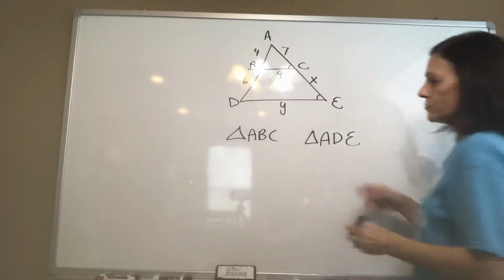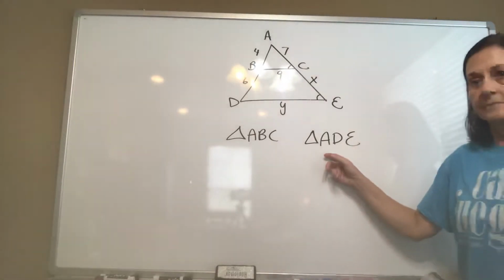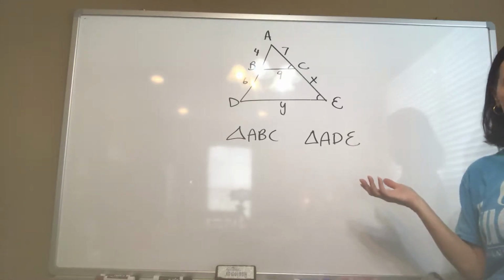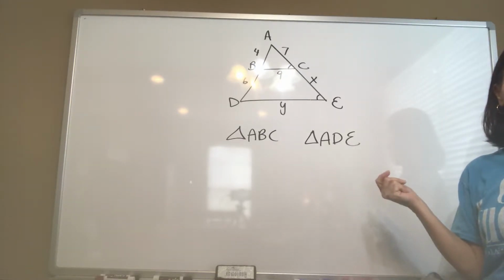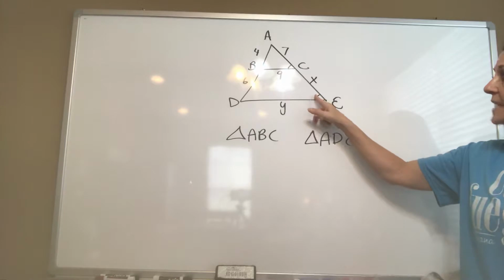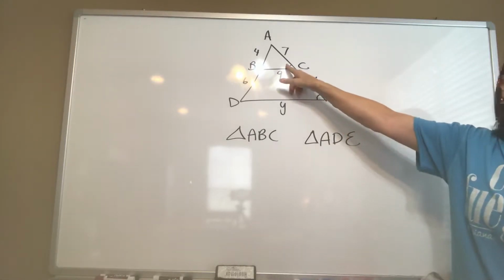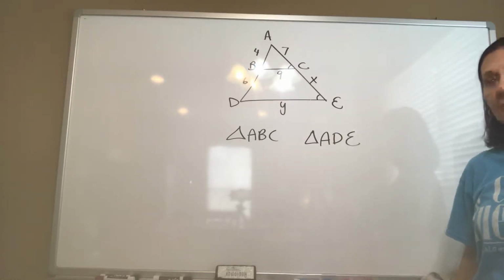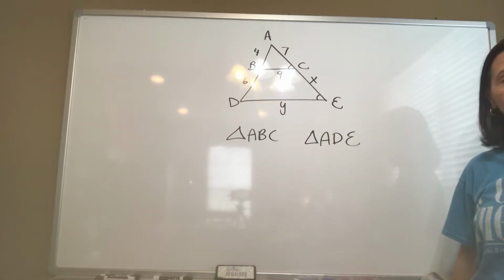So how are these 2 triangles related? Clearly they're not congruent. However, we know that this angle E equals this angle ACB. Is there any other angle that equals? What angle's in both triangles?